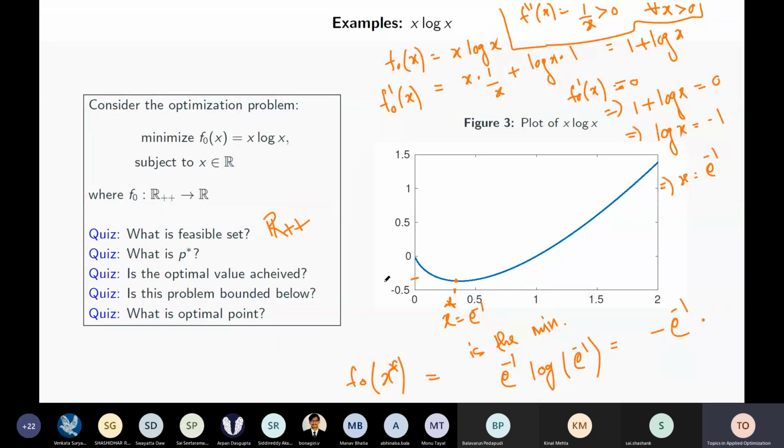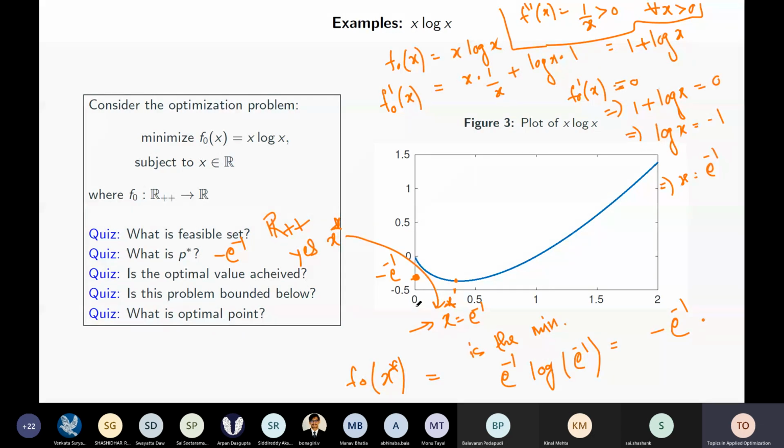So this point itself is minus e to the minus 1. You see it's below 0, so it's okay. This is what we have solved for this. So p star is minus e to the minus 1. The optimal value is that, and the optimal point is this. So this is achieved, and this is x star.